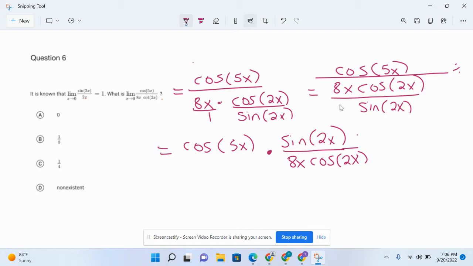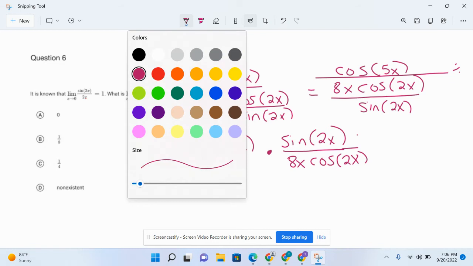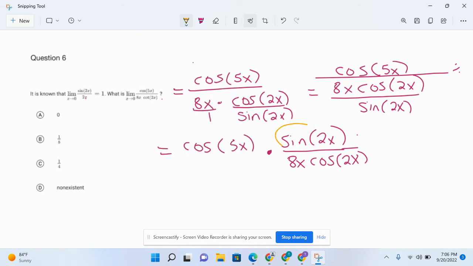Think about what we want here. We're trying to get the limit as x approaches 0, which I didn't write down at the beginning, of sine of 2x over 2x. Look what we got: sine of 2x on top. We don't have a 2x on the bottom, but we could take that 8x and break it into 4 times 2x.